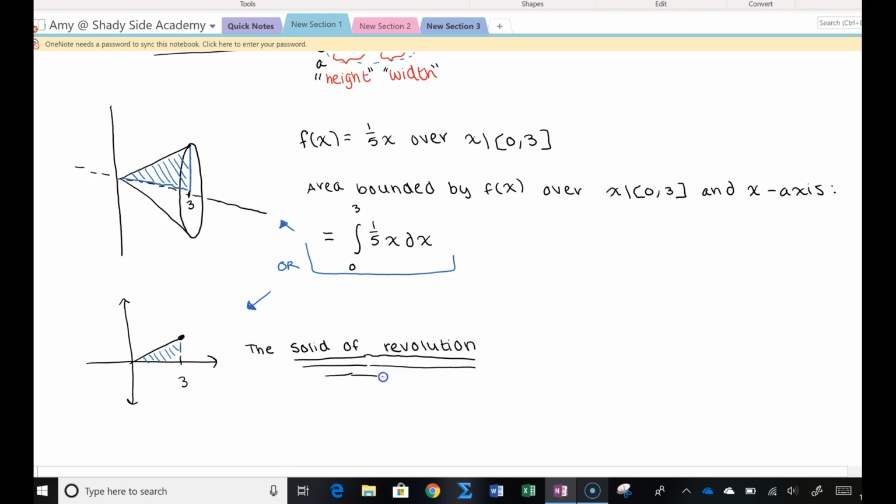As that piece of triangular paper, if you will, is revolved around the x-axis, it's going to occupy a certain space. That's the result of a solid of revolution. When you revolve something and it occupies a certain space in the course of its revolving, that space is called the solid of revolution.